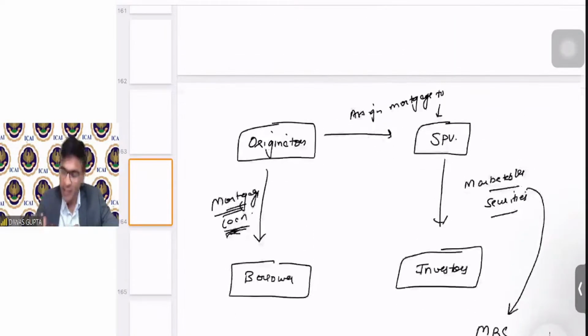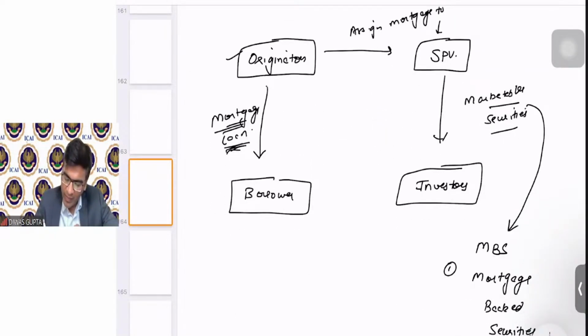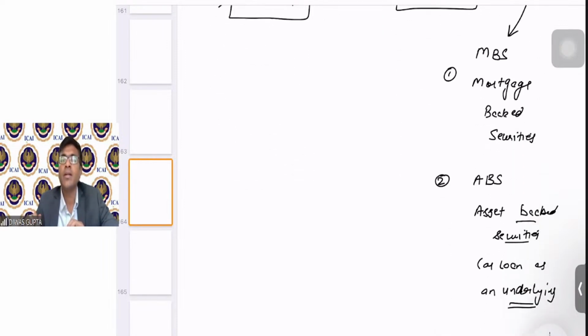Even on a car loan, there will be an originator, there will be a borrower, and instead of a mortgage loan, it will be a car loan, and it will be assigned to an SPV. SPV will issue investors a backed security. There can be other assets also. It can be bonds. It can be tradable securities. It can be anything. You're getting my point? So those all will also form part of the asset-backed securities.